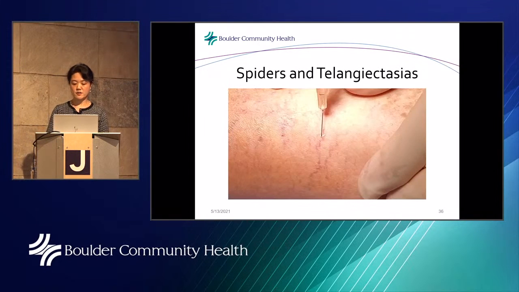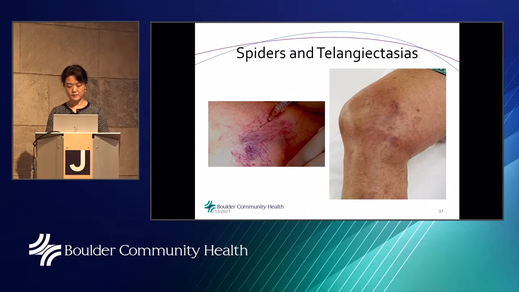Okay, here's the same patient at the ankle where we're now treating some spider veins. Same concept though, we put the small needle into them and we inject. And I just wanted to show, this is 5 days out. Left-sided picture is the initial, right-sided picture is 5 days out.